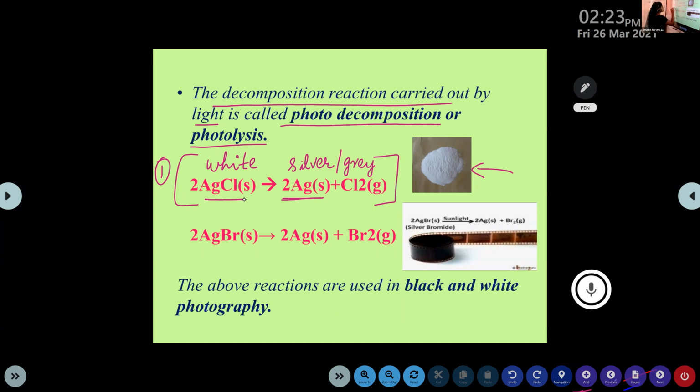This one is silver chloride. And here silver and chlorine are formed. Chlorine is in the form of gas, so we cannot see that. Silver is in solid state. That's why it's depositing in silver or gray color.